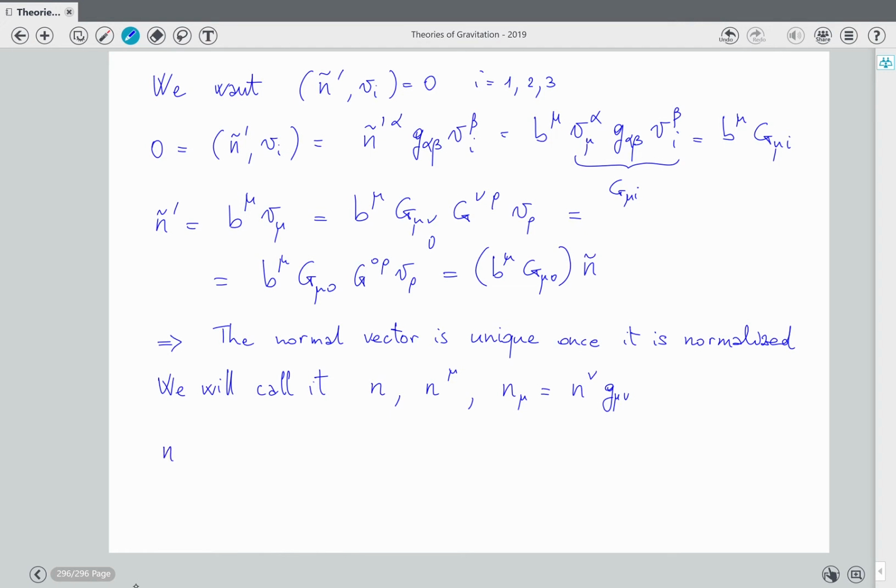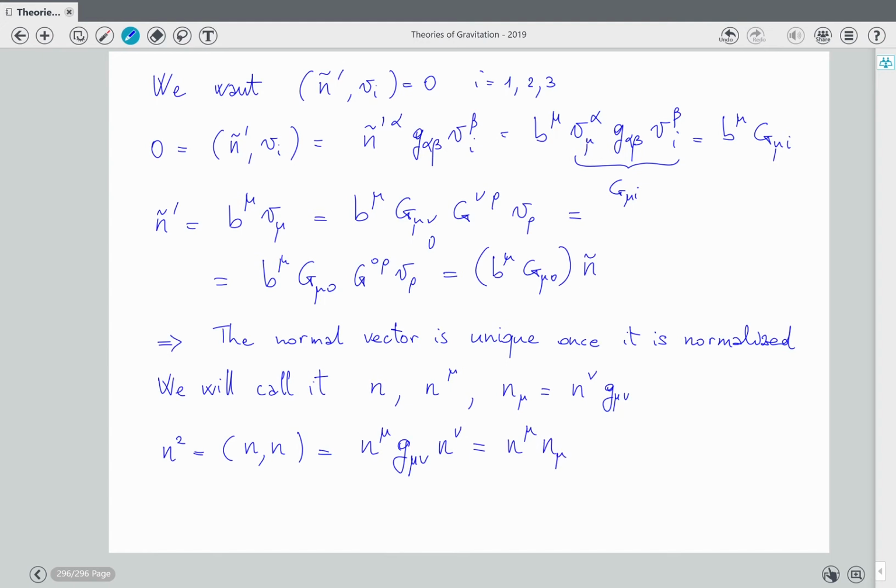So n squared, by which we mean nn, which is n mu g mu nu n nu, or we could also write n mu n mu.